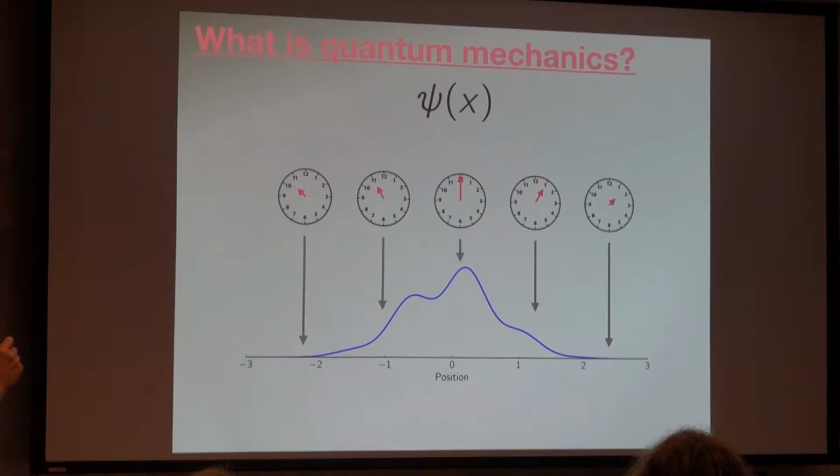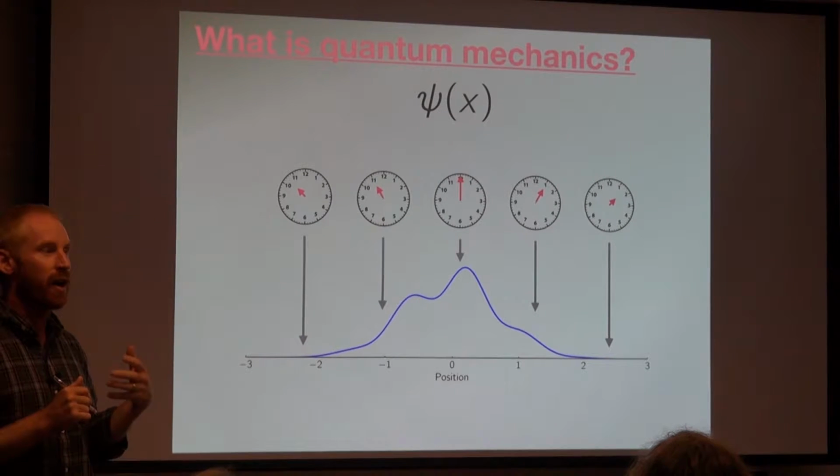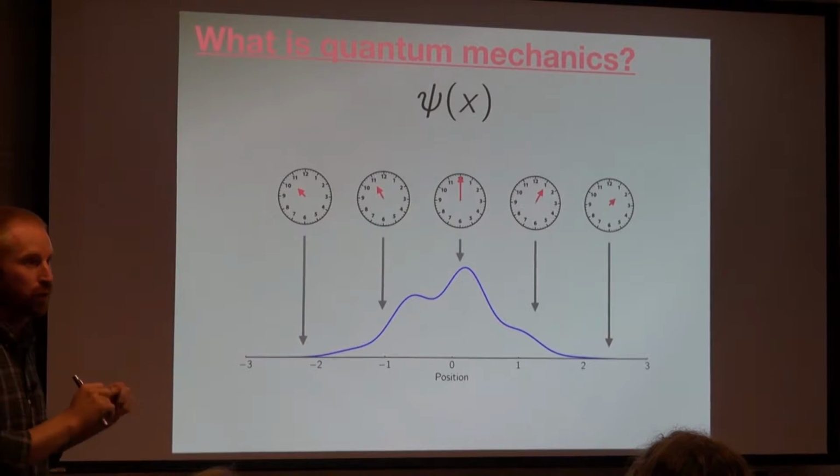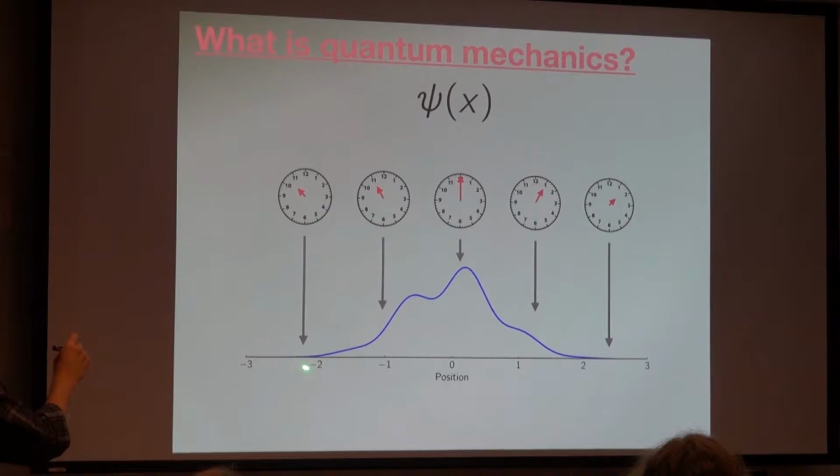It turns out that's not depicted here. The width of this is also associated with its motion, and I wasn't going to describe that. But these wave functions have another degree of freedom that often is not talked about, but it's crucial for what I'll tell you about today. And that is, it's not just a number giving a probability. Every point on here also has an orientation somewhat like these clock faces. Mathematically, this is a complex number, not a real number.